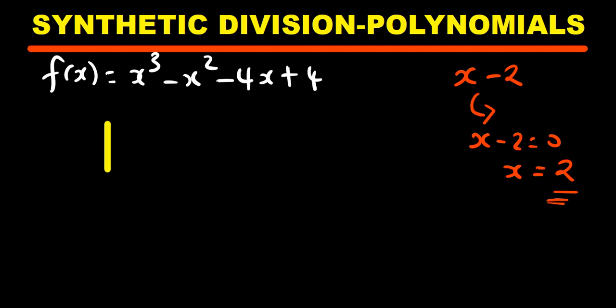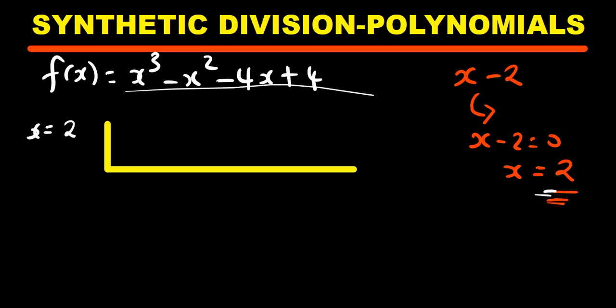Now what we're going to do is get the 2, the x = 2, and divide it into the coefficients of all the terms in this polynomial.